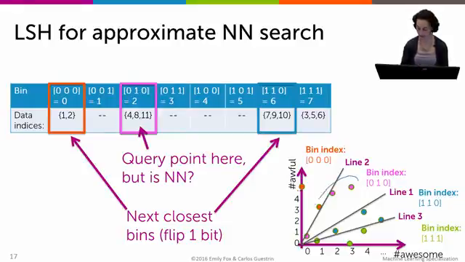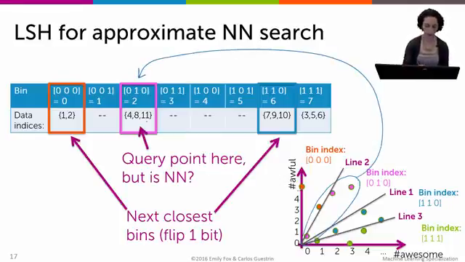So for example, these pink points are stored in this third index of the hash table based on the binary representation of this bin index. And if we have a query point in this same partition, then what we would do in our nearest neighbor search, as we discussed, is we'd first search the same bin as the query point.